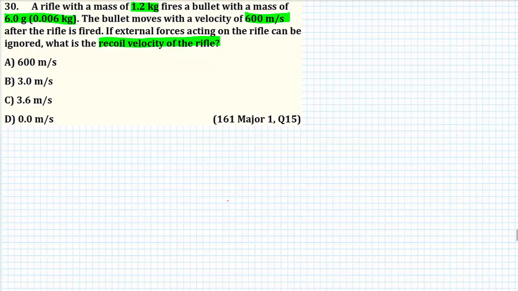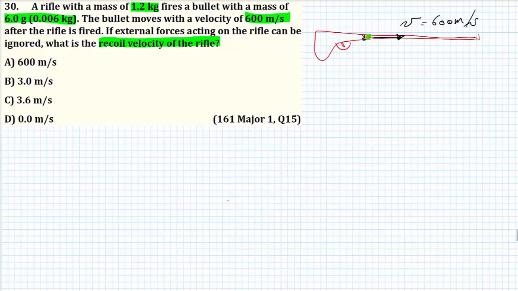As you know, if there is a rifle, and this rifle has a bullet inside, once you pull the trigger, there will be an explosion in the powder here, which pushes the bullet forward with a speed v, which is here 600 meters per second.